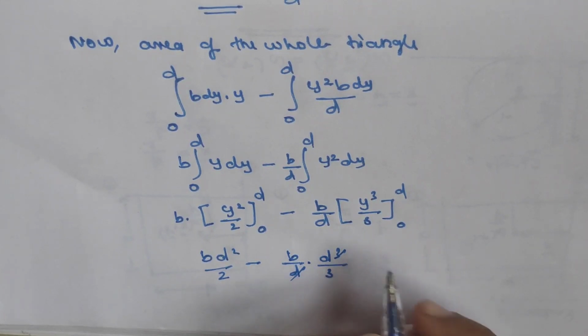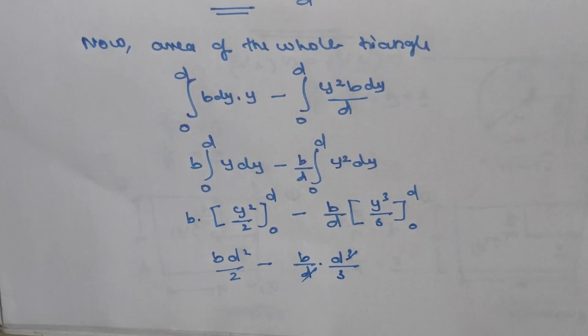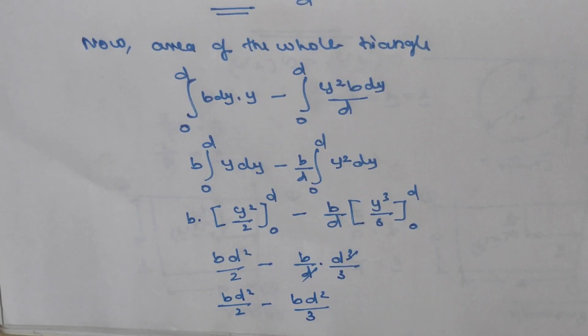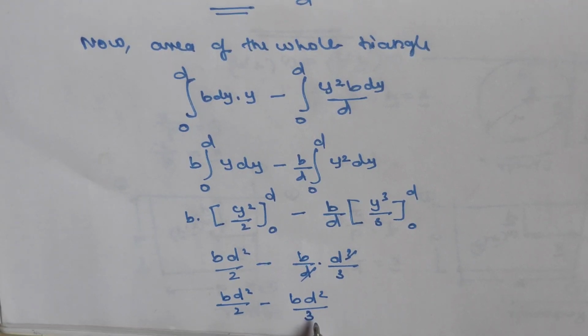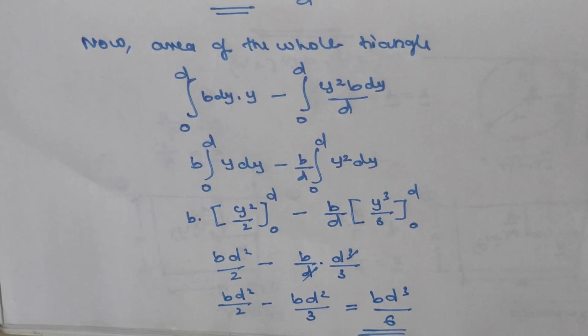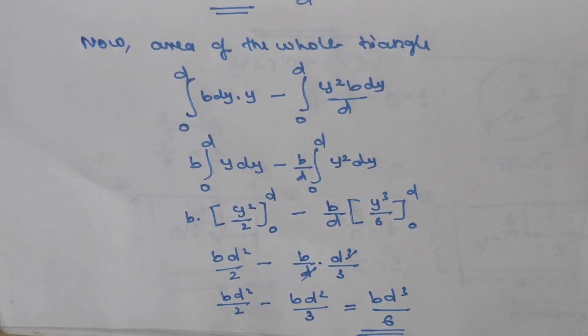Now you will get b d square by 2 minus b d square by 3. So subtracting 1 by 3 from 1 by 2, you get 1 by 6.